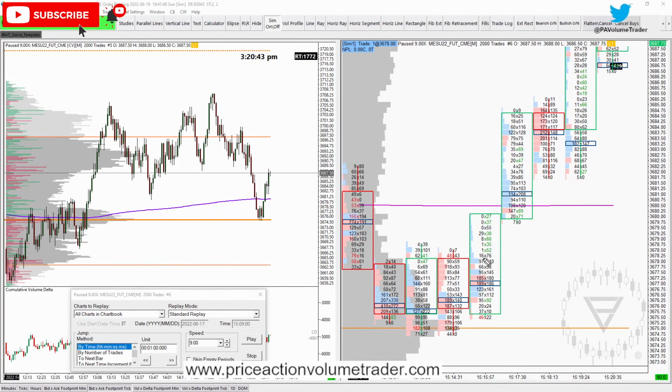And Footprint helped us identify this by looking at the imbalances, and also just by looking at high volumes being traded right at the lows of these candles in an important area.